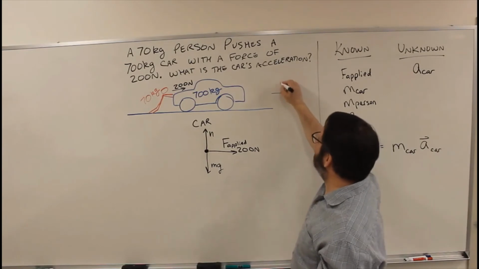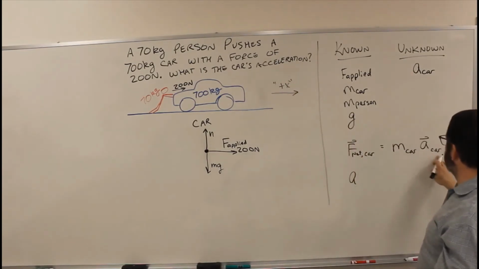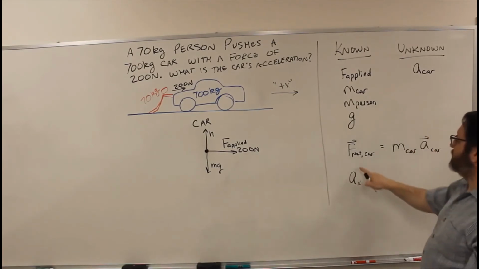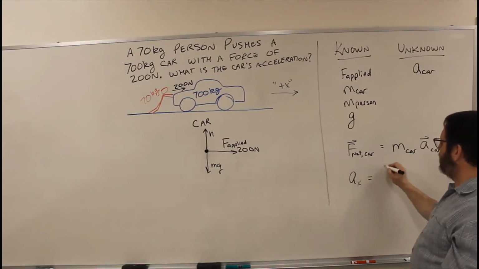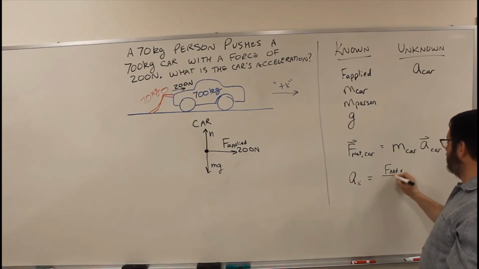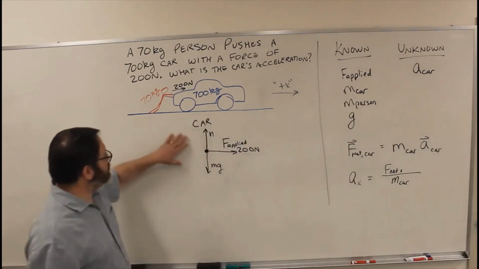I'm going to call this the plus x direction. So the acceleration of the car, that vector, I know it's going to be in the x direction. So a_x for the car equals the F net in the x direction on the car over mass of the car. So what is the net force in the x direction?